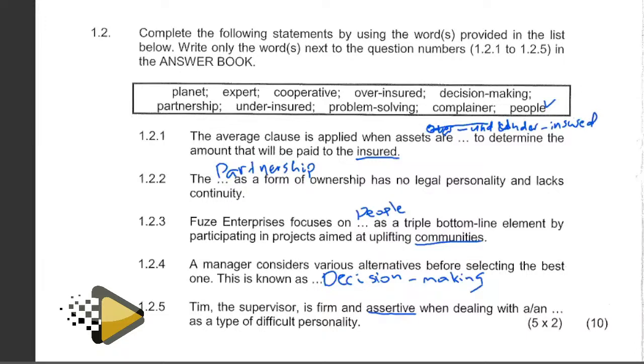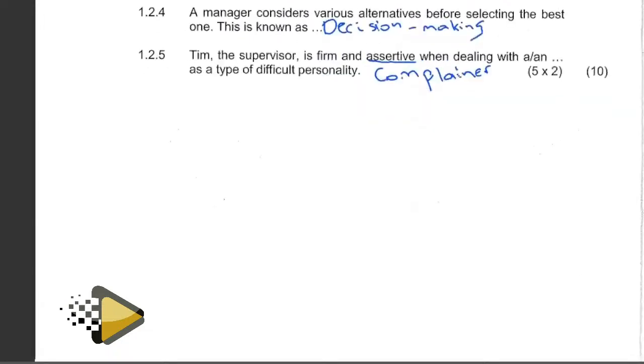That kind of personality, when you are dealing with it, is called a complainer. To deal with a complainer, don't shout as well when you are dealing with a complainer. Make sure that you always keep a low profile. Okay, right, grade 12. So now let's move on to the next question.